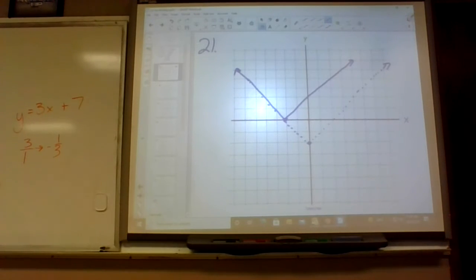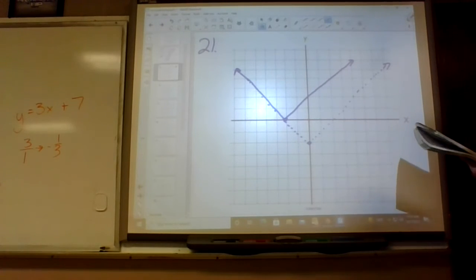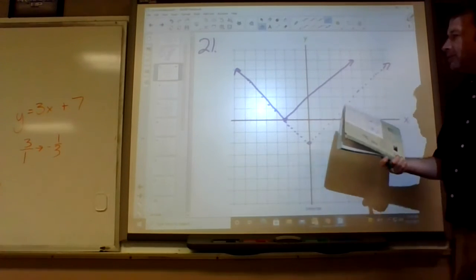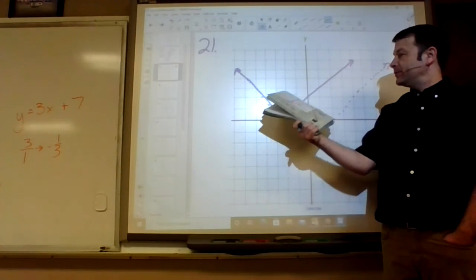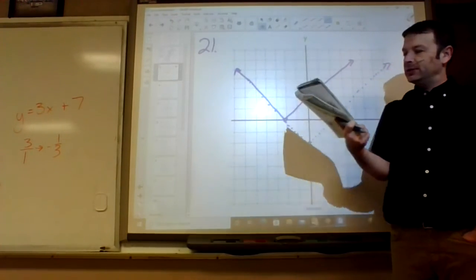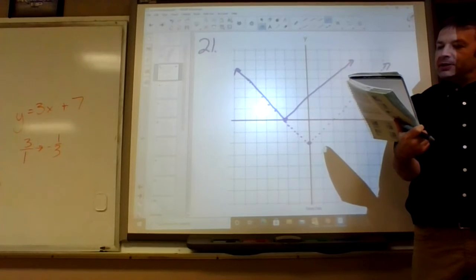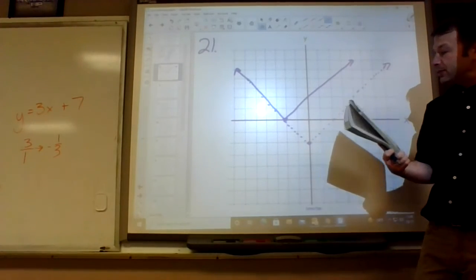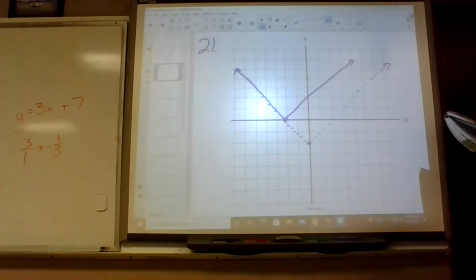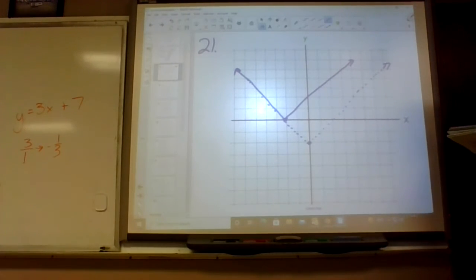Alright, so on my first V, my solid V, it's supposed to be y is greater than, so it should be above on that one. And then on my second V, it's y is less than, so it should be below that one. Oh gosh, what a trick question. Does the line count or not?